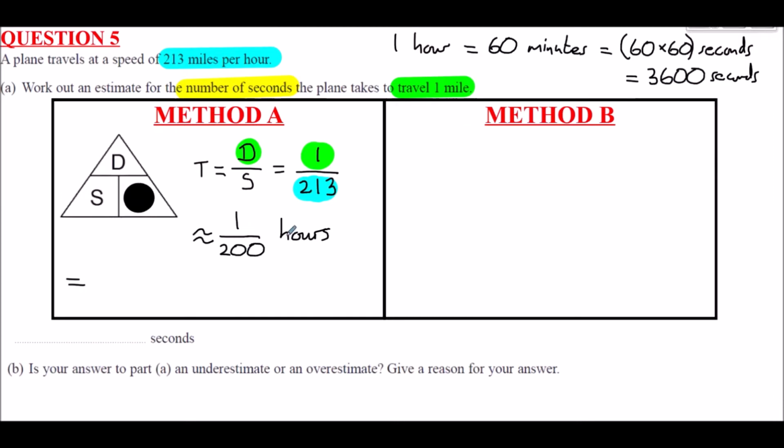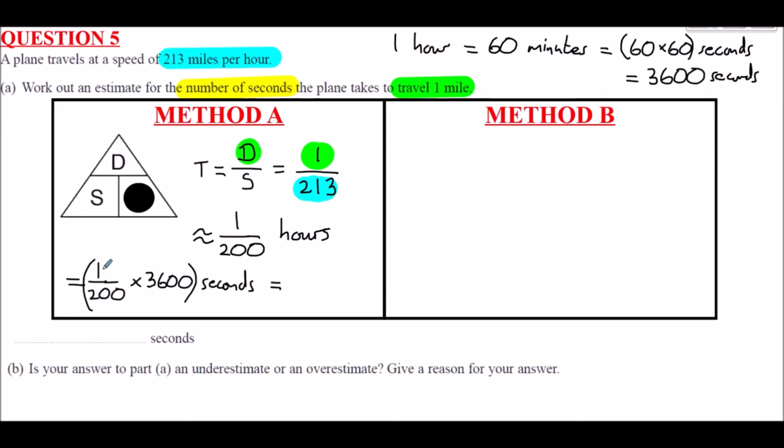So 1/200th of an hour means 1/200th of 3,600 seconds. We can now simplify this down. So we're dividing by 200, but we're multiplying by 3,600.